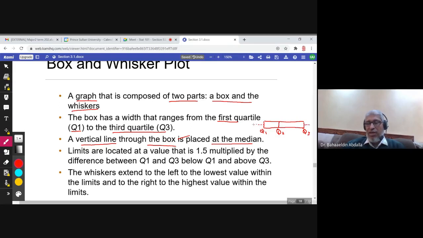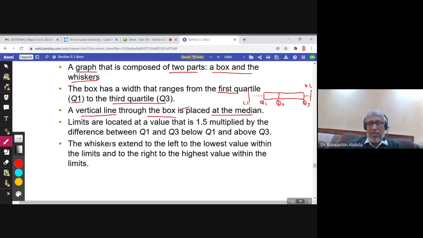To determine these whiskers, I need to determine a lower and upper limit. This is the lower limit, and this is the upper limit. So how to determine the limits? The limits are calculated at a value that's 1.5 multiplied by the difference between Q1 and Q3.